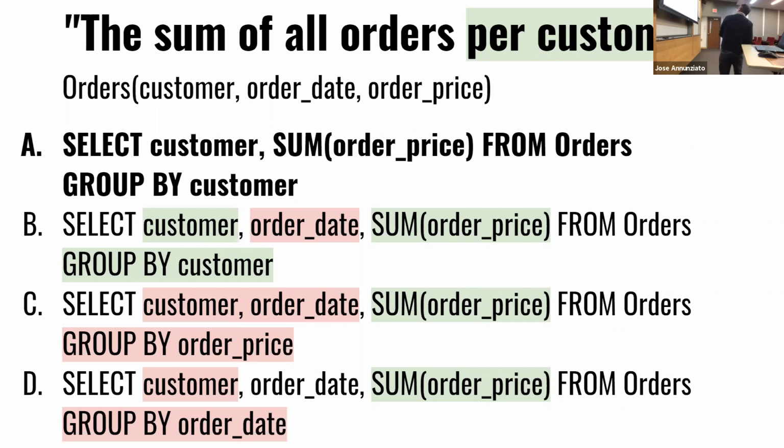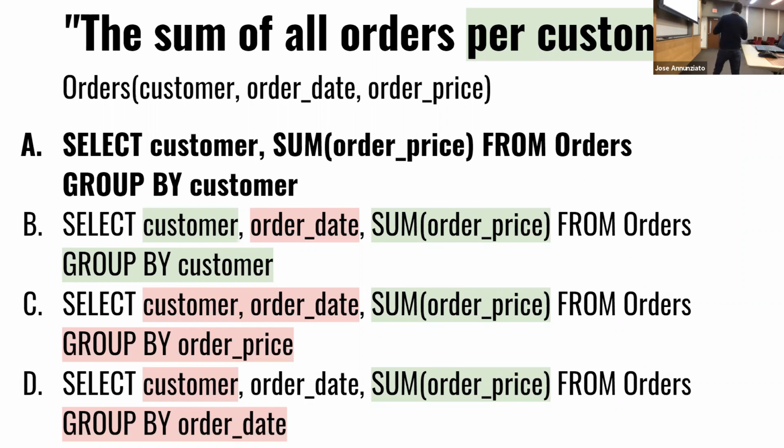And notice that both of them have the aggregation of summing the order price, right? So that can't be the difference, right? The only difference seems to be in the select clause. One has customer and the other one has customer and order price and order date.